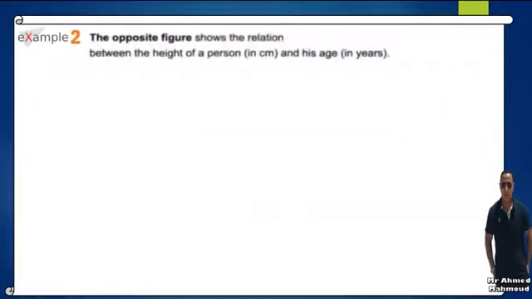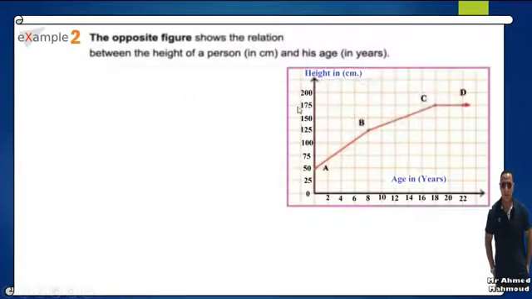Here we have another example. In the opposite figure, as we see here, the relation between the height of a person in centimeters and his age in years. On the y-axis we have the height of a person, starting from 0 till 200 centimeters, and the age starting from 0 till 22 years. A represents 50 centimeters.